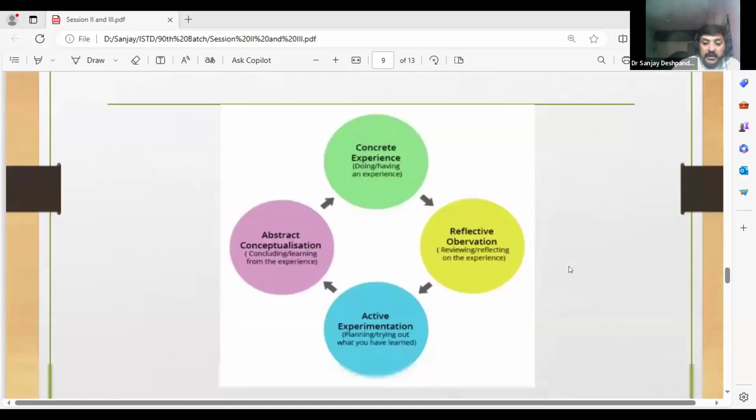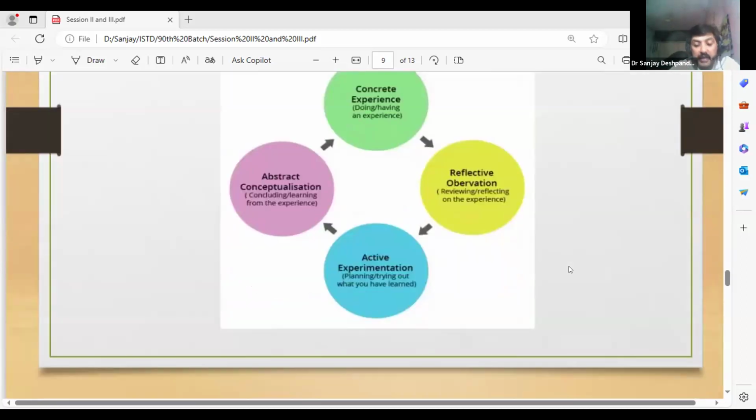Okay. Next one, active experimentation. This is a kind of learning where an individual learns by trial and error method. Example, learning to ride a bicycle for the first time. Even cooking. Yes, mistakes are bound to happen. But when you experiment on it, there is better learning.